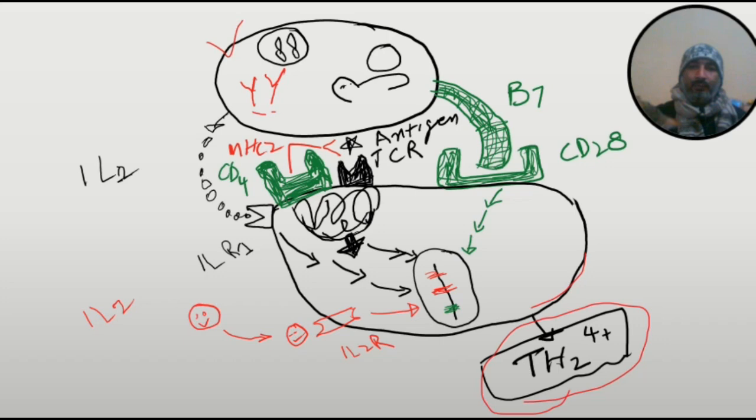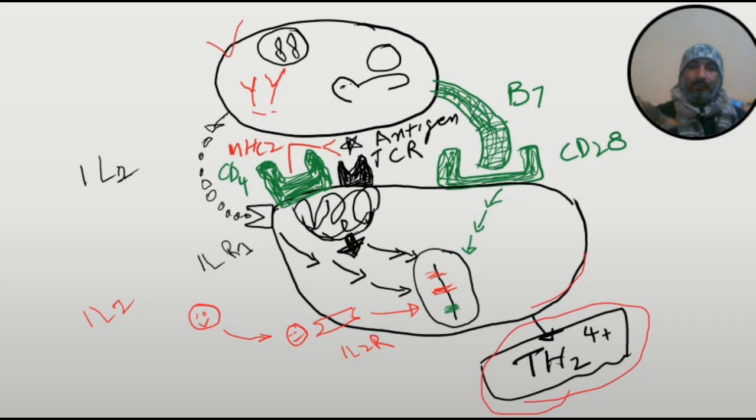So what is happening here is that this antigen will bind with the TCR. We already discussed that the TCR, the T cell receptor, binds with the antigen, and here is the CD4 receptor, which binds with the MHC class 2 molecule.